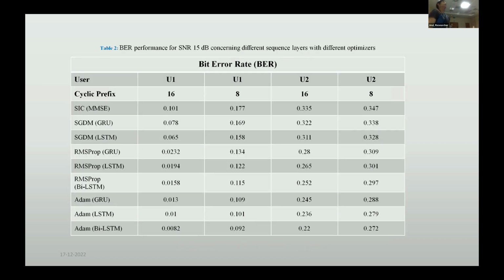So these are the simulation results, and this is a comparison table for each of the methods. MMSE SIC is the existing method, and all other methods are based on deep learning, with different algorithms and different structures. And we see the best result is given by the last one, that is the ADAM algorithm with the Bi-LSTM structure.